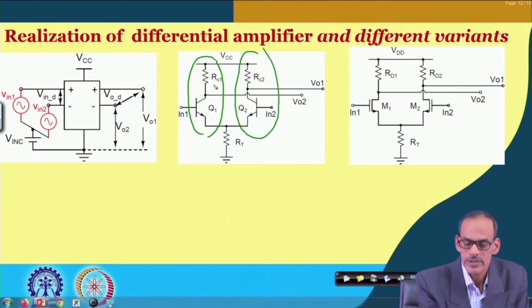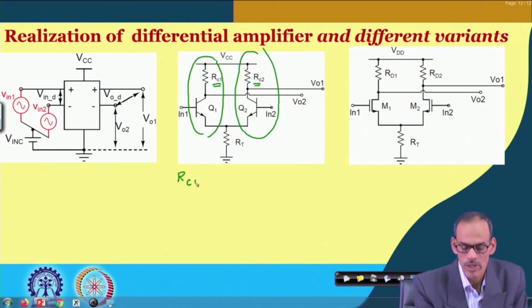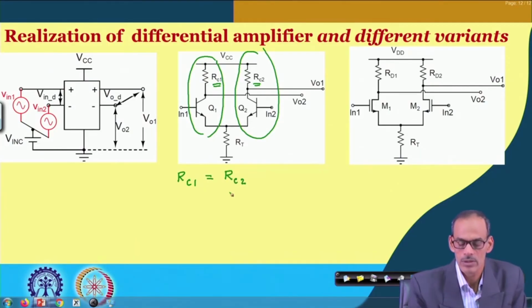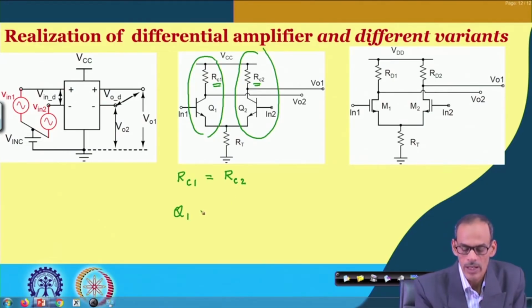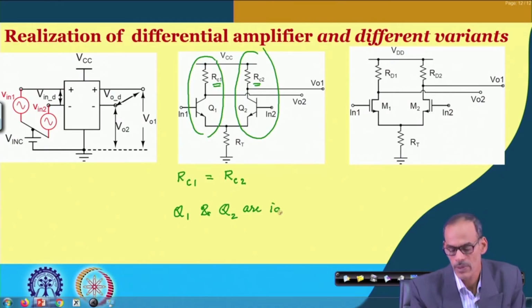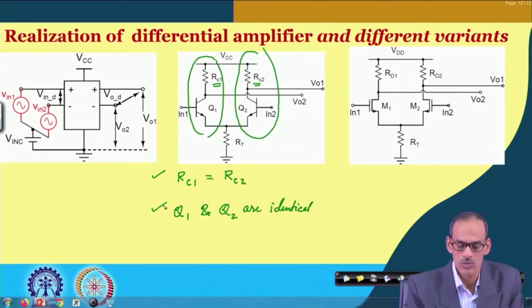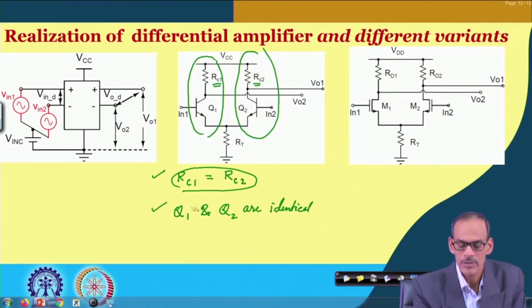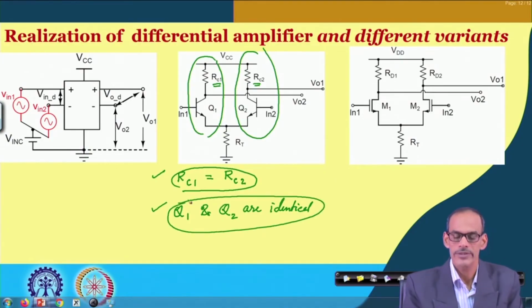In fact, we want R C 1 and R C 2 to be equal, and likewise Q 1 and Q 2 to be identical, right.